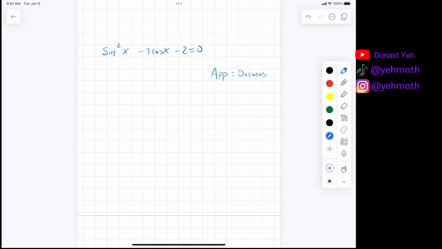Second thing, always set the equation equal to 0. If you set the equation to 0, just graph this part, and you look for the x-intercept. If you do that, you should find all the answers.